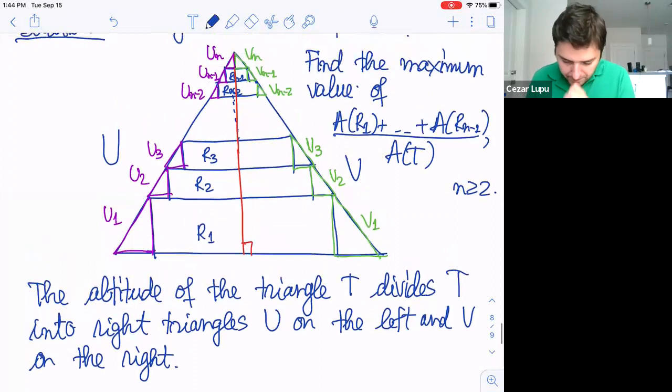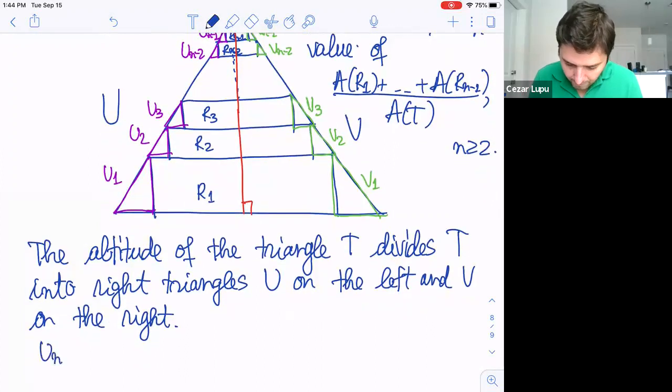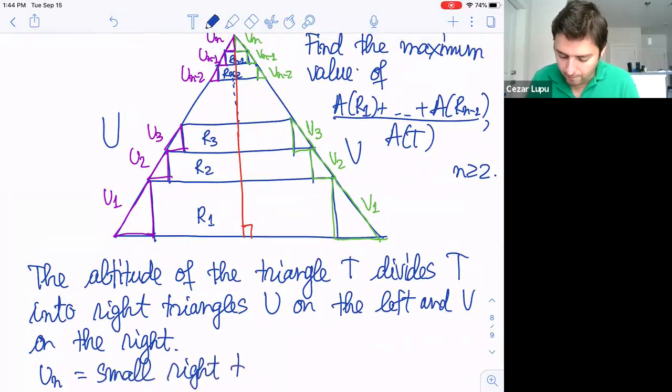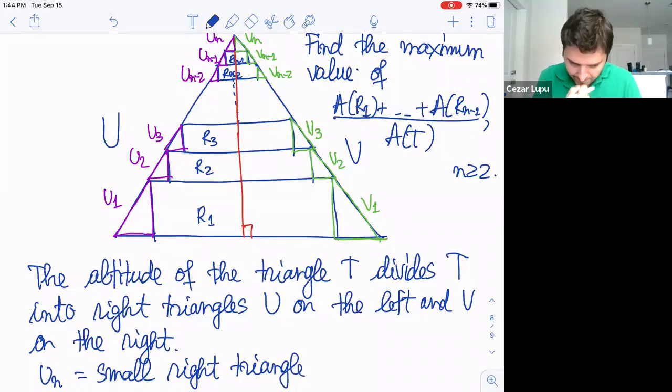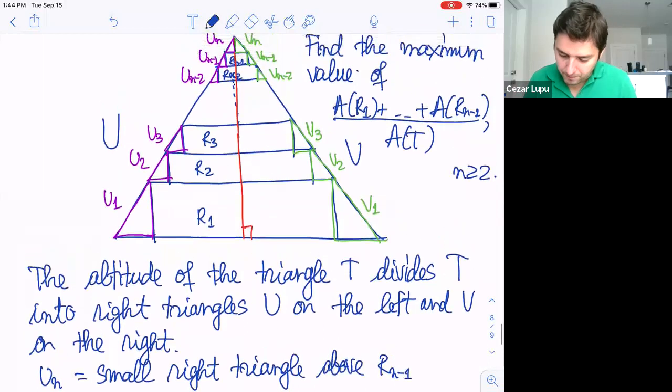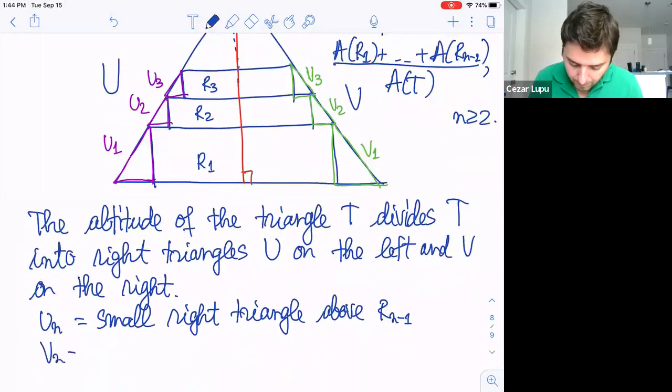So Un is the, how should I say, the small right triangle above our n minus 1, and Vn, well, on the left, okay, you understand what I mean, right?